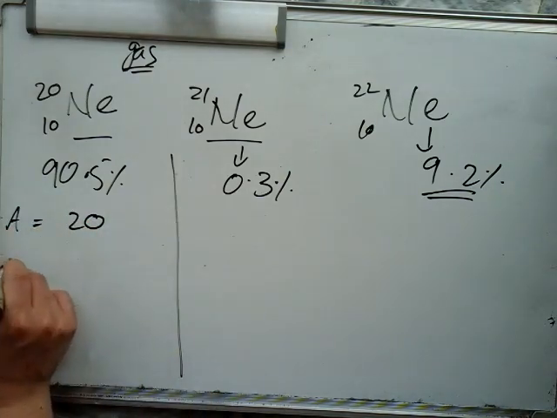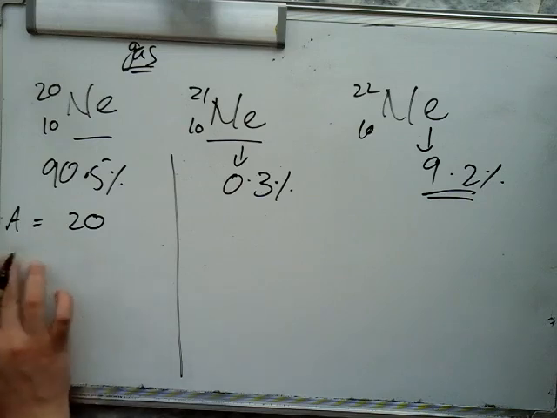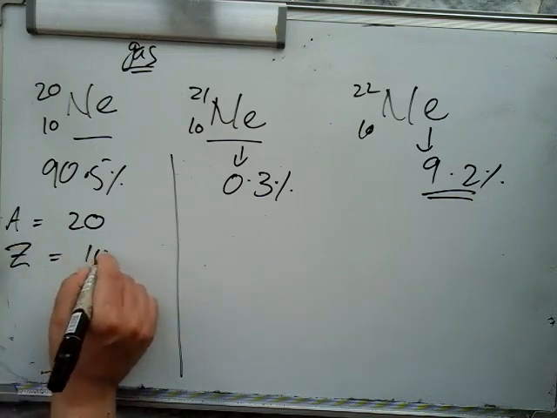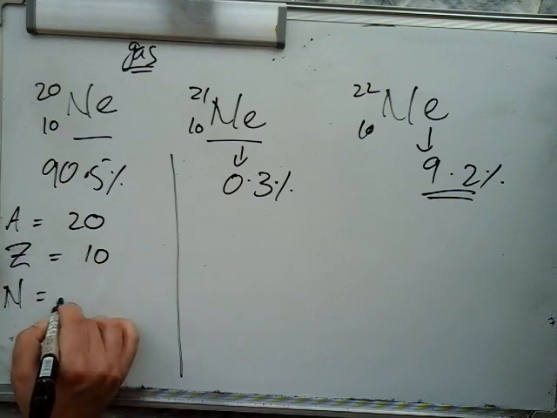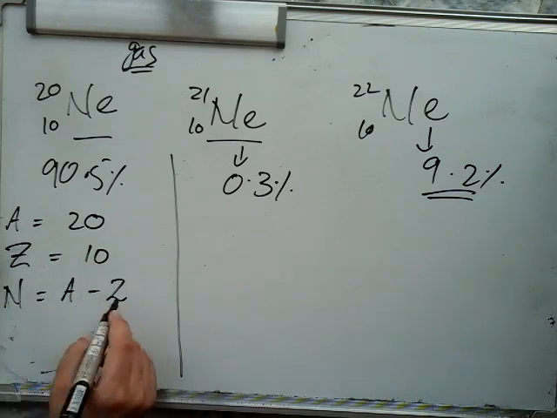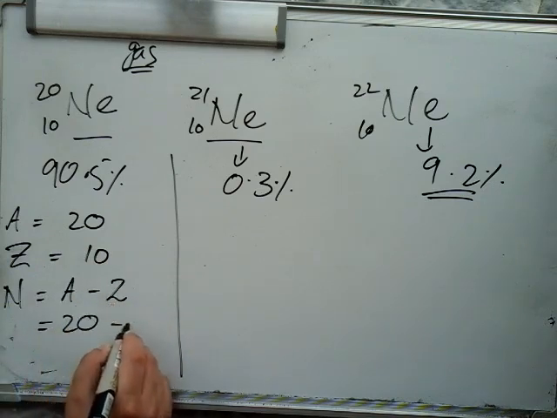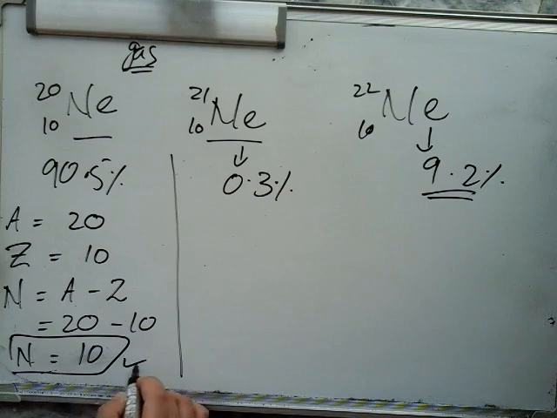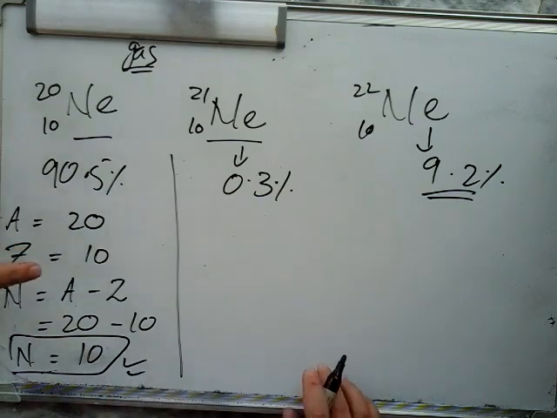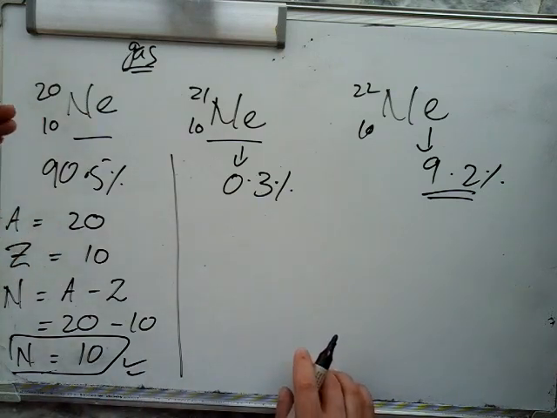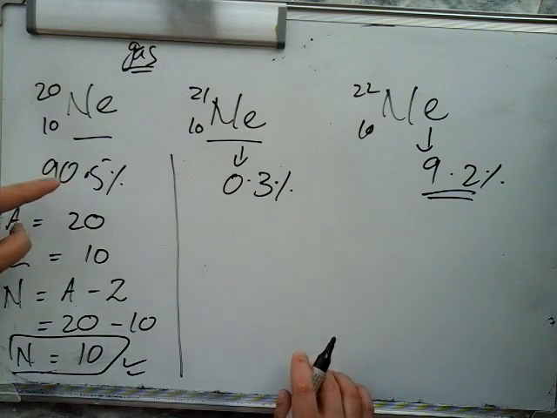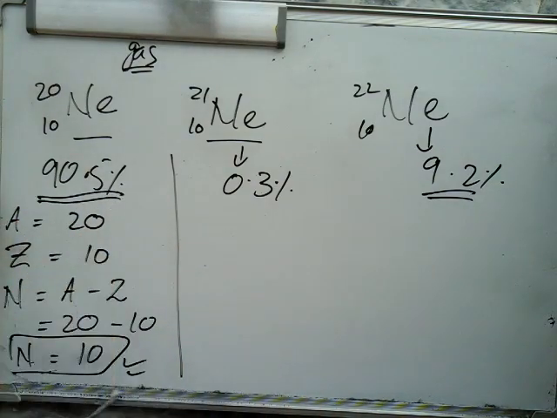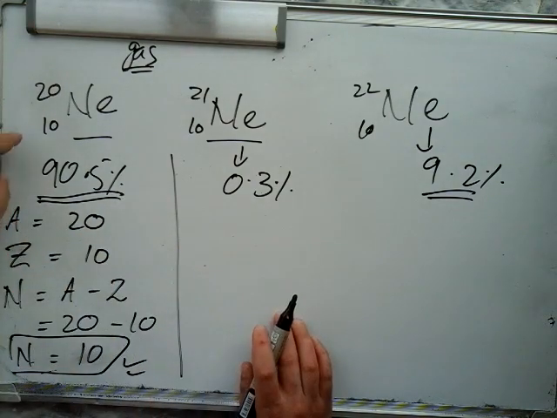And here the atomic number is 10. So the neutron number would be A minus Z, mass number minus atomic number. So 20 minus 10, the neutron number would be 10. So it is the normal neon, which is present up to 92.5%, and it is in abundance.